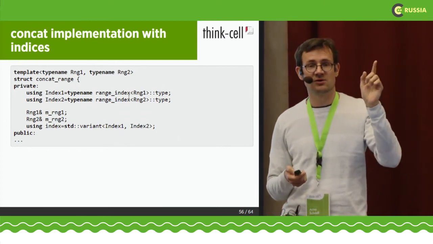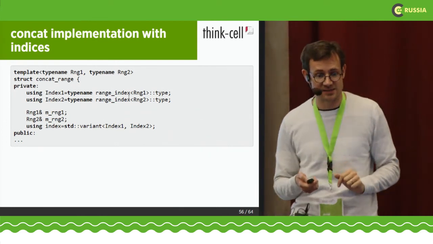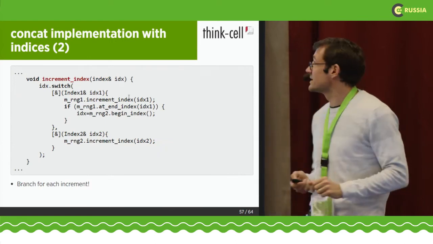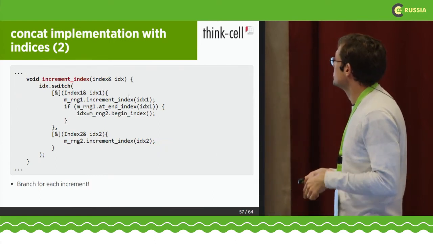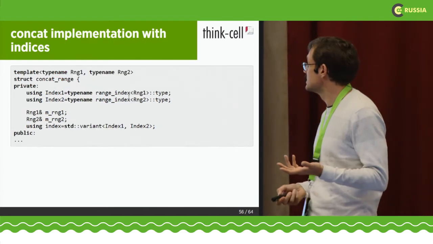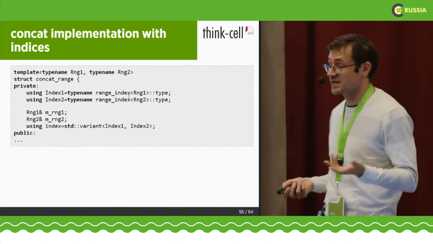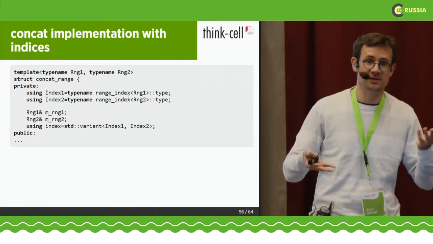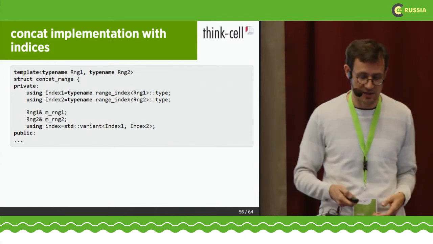And the increment of the iterator is different in either case. Here's the variant, std::variant of index 1, index 2. So you store either one, and you need to know which one you stored at any given time.